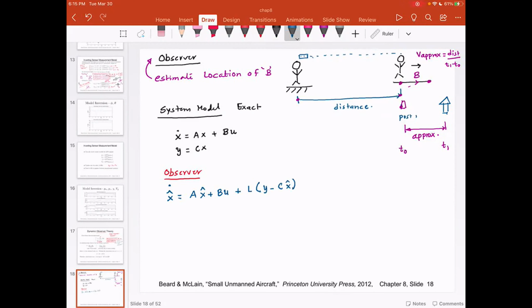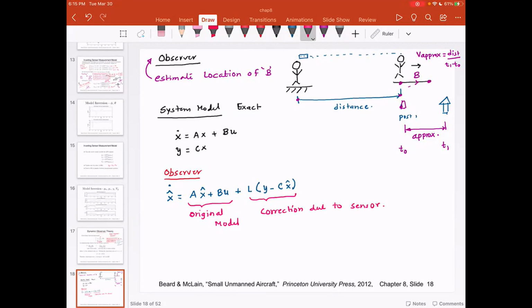Now this is the equation for the observer. What this means is, this is the original model, and this is the correction due to sensors.